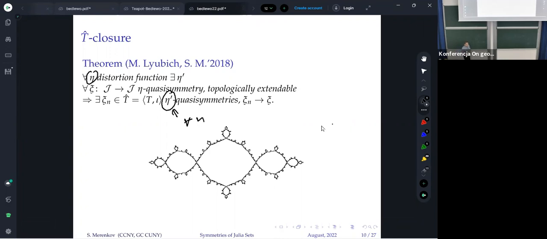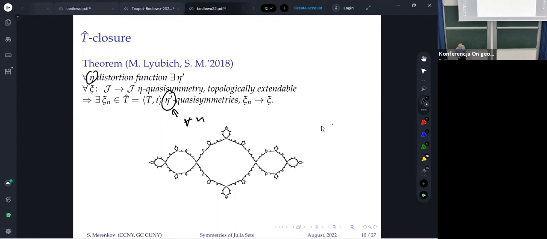So that procedure that I described, it's clear that you can approximate in this way, but there is no control on distortion, right? You cannot say anything. But in fact, you can control distortion as well. This group, which we call T hat, we learned after we completed the work that its algebraic properties were considered by Belk and Forrest in an earlier paper, but they didn't study the quasisymmetric aspects of it.